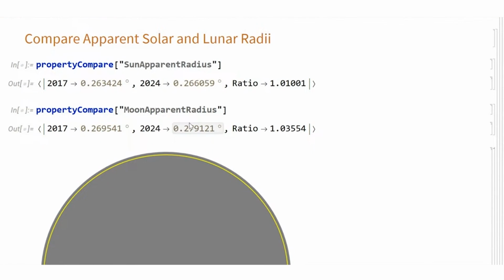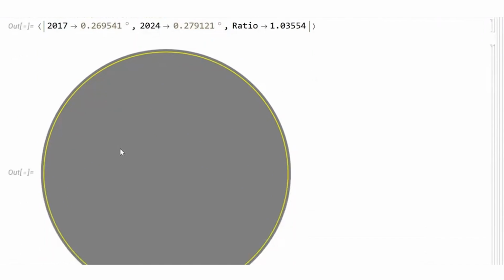So here you can see the moon's radius is almost 0.28 degrees. It was only 0.26 degrees in 2017, or the sun was. So the sun was 0.26 in 2017 and 0.26 in 2024. So the difference wasn't that big. They're more distinct in 2024 here. So anyway, here's a visual representation of the moon and the sun.